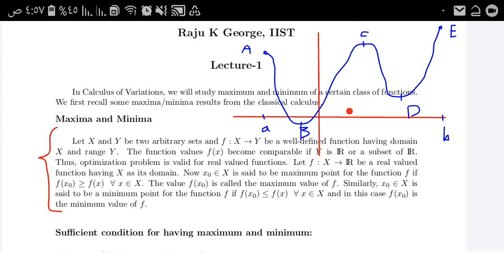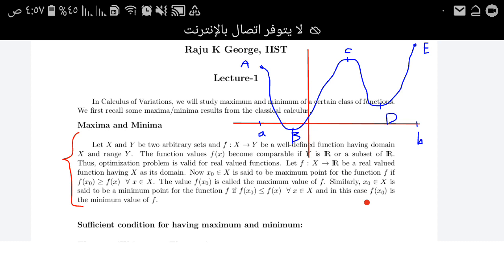Also, the point C is a maximum. And another maximum, A. That's right.